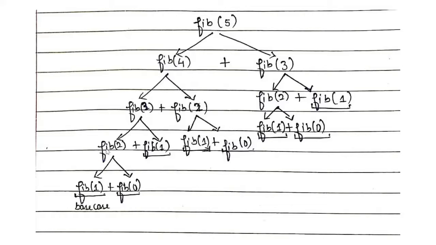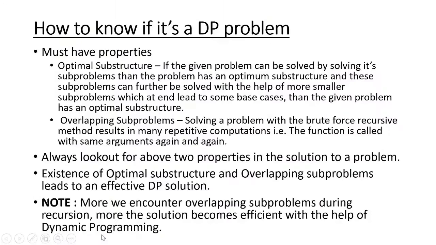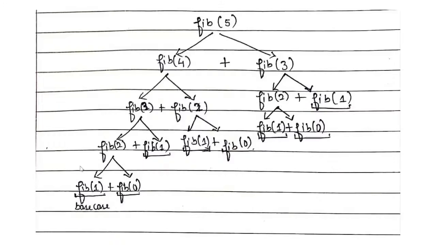So if we just store the values of all these items, do we ever need this part of the recursive tree? No. And hence this is one of the most important points: the more overlapping subproblems we encounter during recursion, the more efficient the solution becomes with the help of dynamic programming. And by efficient we mean our runtime becomes efficient. All these subproblems we were computing again and again, but we already had an answer in this one path only.